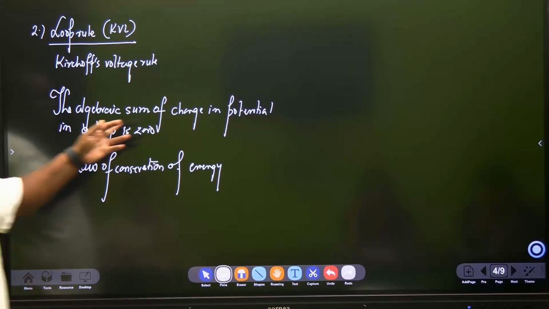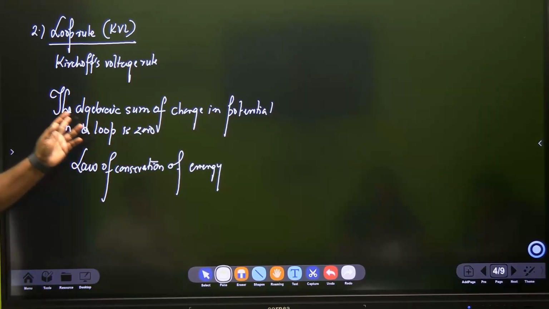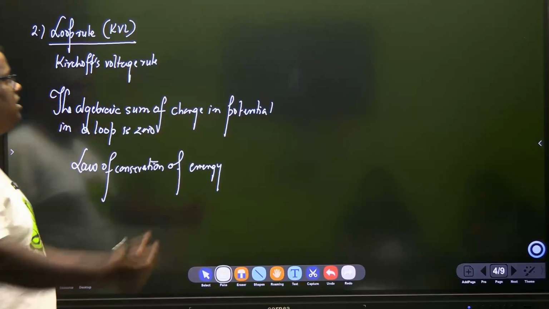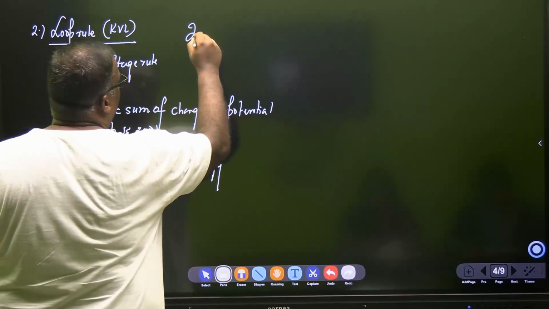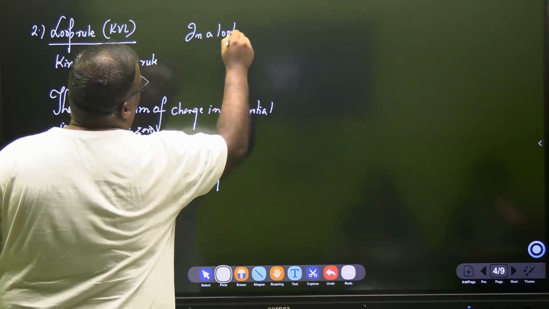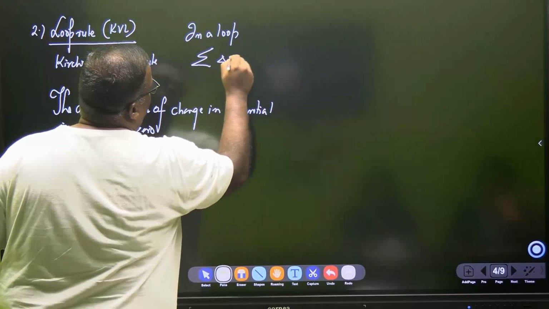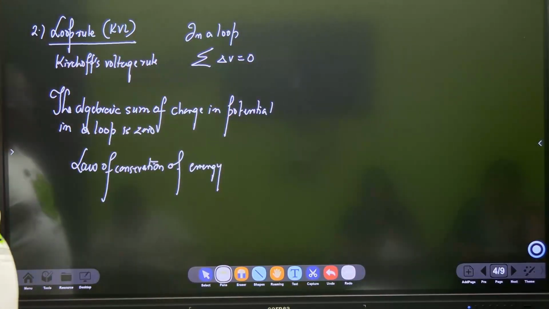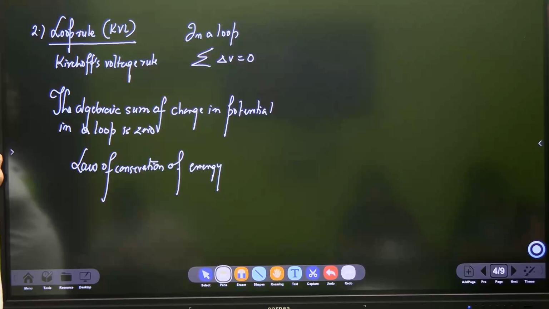So similarly here also I am saying the algebraic sum of net change in potential, in other words I say that in a loop, the sigma delta V should be equal to 0.